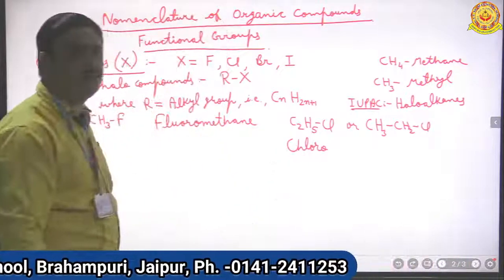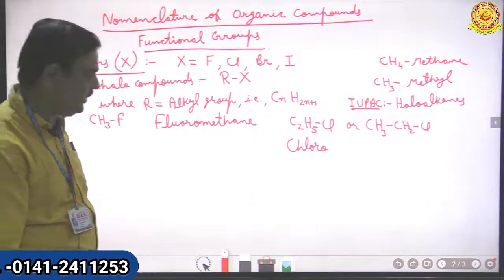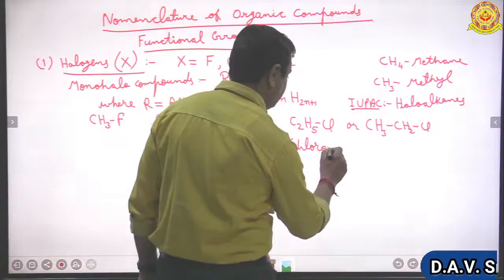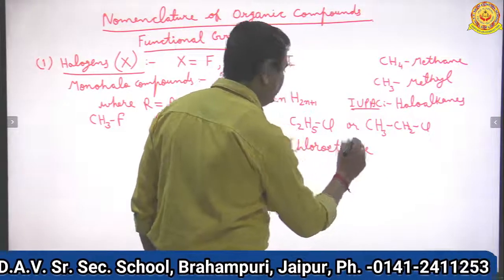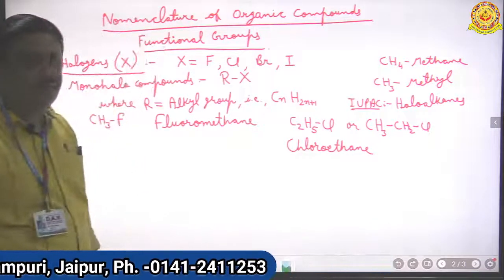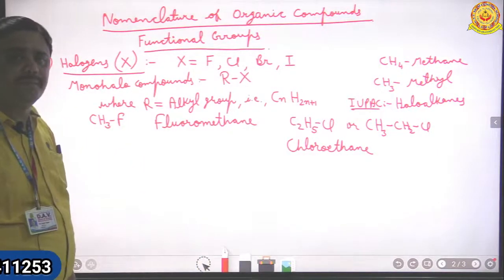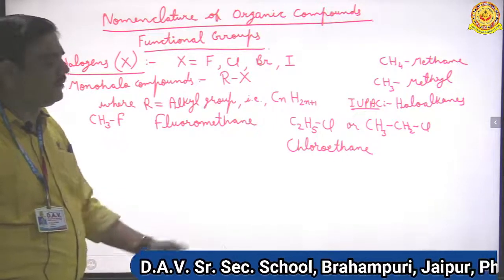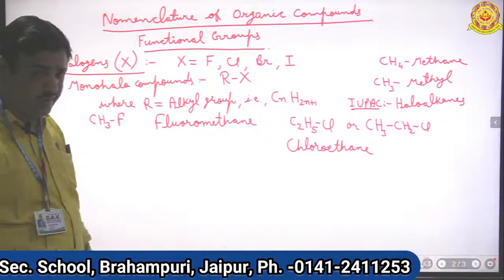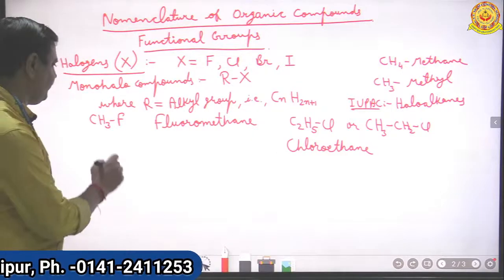And for 2 carbons we use eth, so ethane, chloroethane. In the same way, iodomethane or iodoethane, bromomethane or bromoethane we can name.